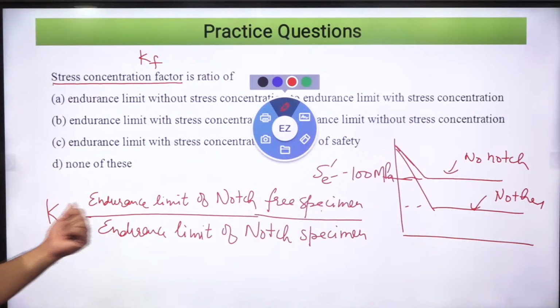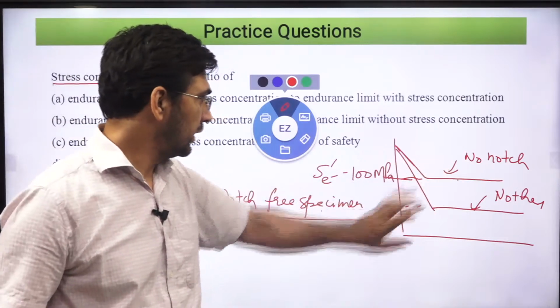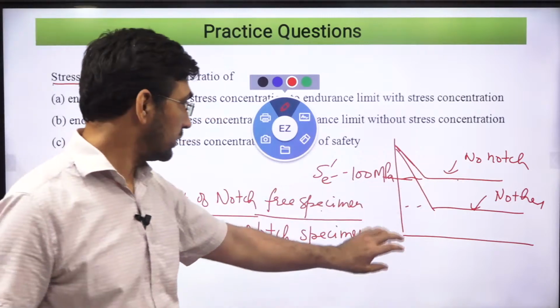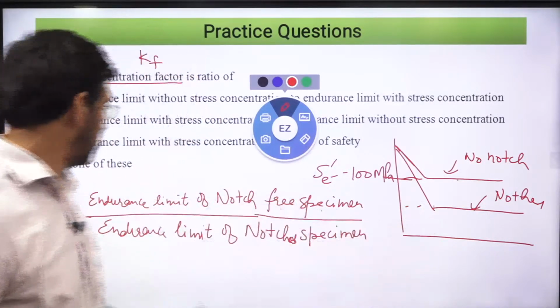That is the meaning of this. So Kf is the endurance limit of a notch free specimen divided by the endurance limit of the notched specimen. So this value will be more than 1.